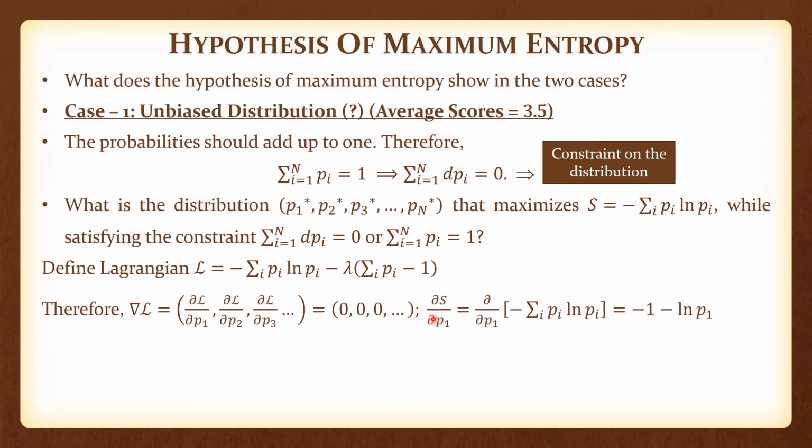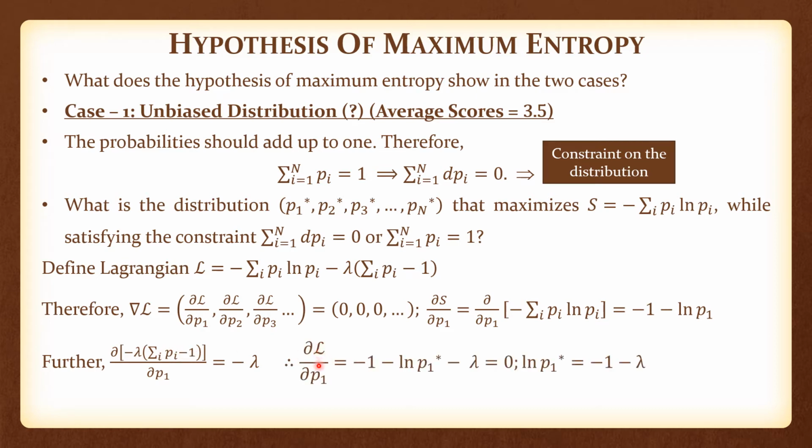Now let us see what is dou S dou p1 for this part. This gives basically minus 1 minus ln p1. And the other one, if I take the partial derivative of this thing with respect to p1, gives me simply minus lambda. All the other terms will vanish.